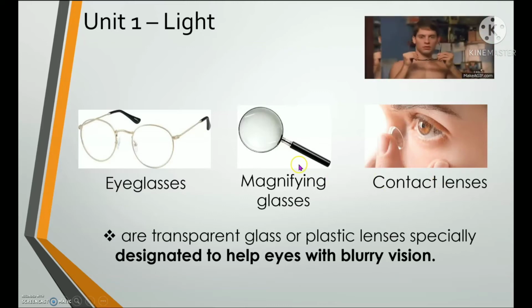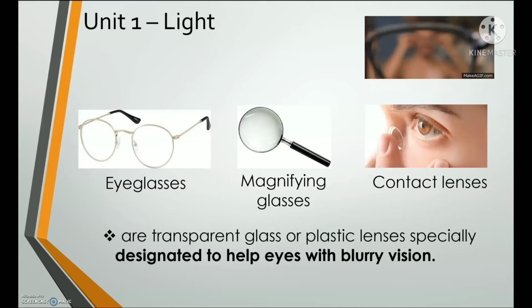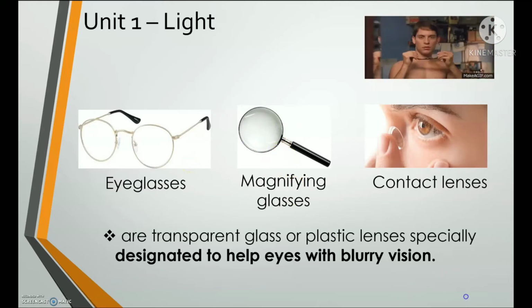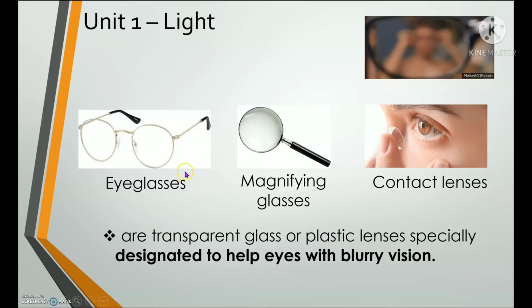The magnifying glasses are usually used if we cannot read in a book because it's too small. It can help us make the picture or the writings bigger. Same with eyeglasses, it helps people to read or see clearer.